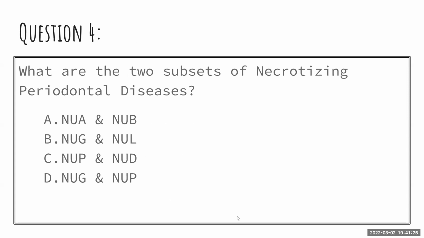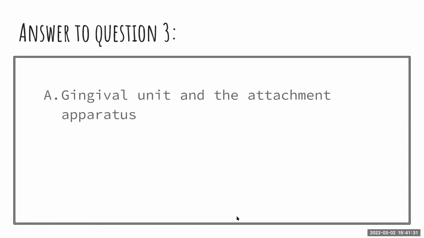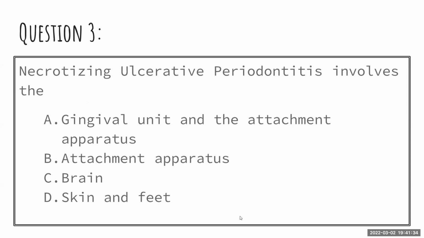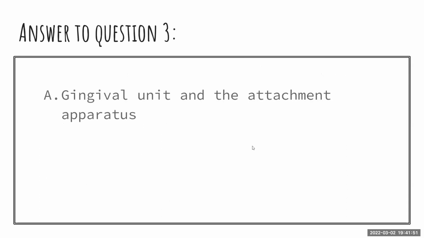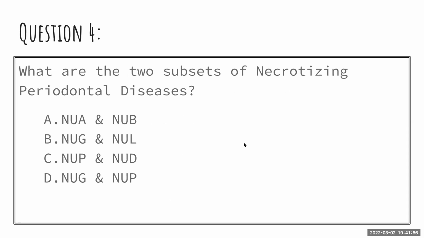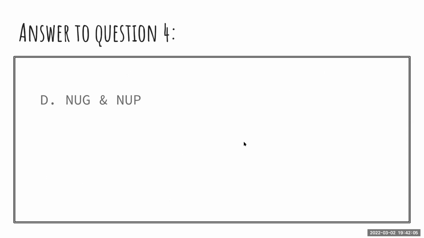So you know it's not brain, you know it's not skin and feet, so you narrow it down to the attachment apparatus or the gingival unit and the attachment apparatus. Which is the best choice. Subsets of necrotizing periodontal diseases, D. NUG and NUP.